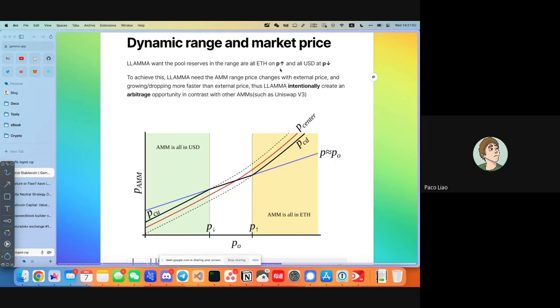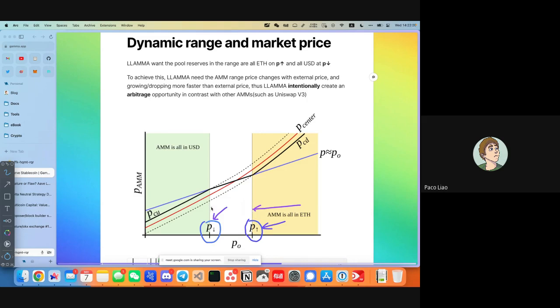They call it P up and P down, like in this chart. P up is the liquidation begin price, and P down is the liquidation end price. So if the price hits P up, your collateral will start to be liquidated until P down.